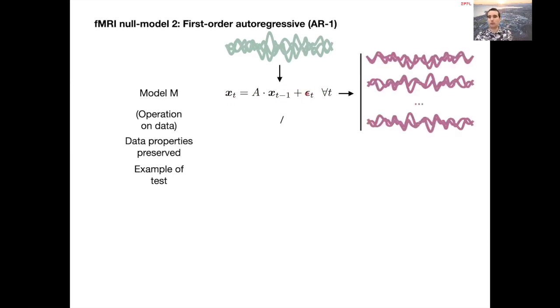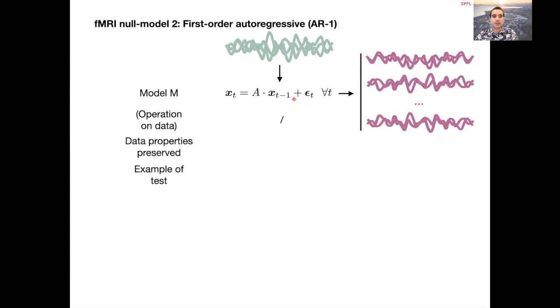Okay, so let's now move to another model, which is the first order autoregressive model of fMRI time series, which assumes that each time point is connected to the previous one through this autoregressive matrix A of size n by n, plus Gaussian noise. Using this model, we generate multivariate surrogate data by inputting Gaussian noise here.